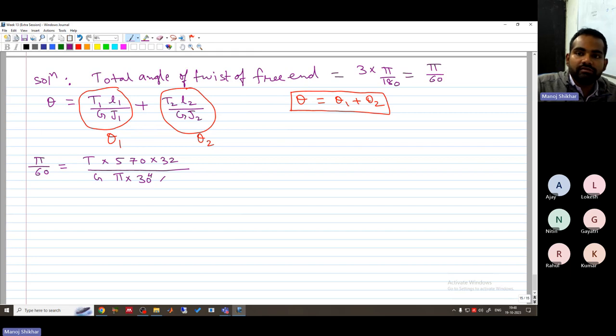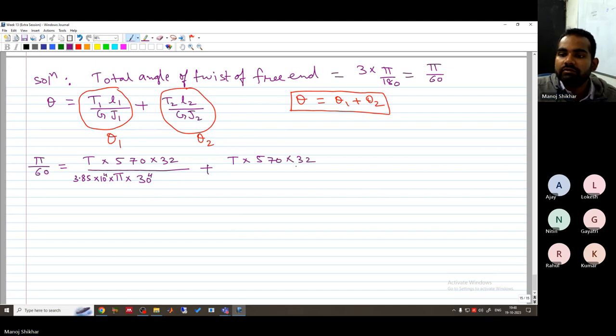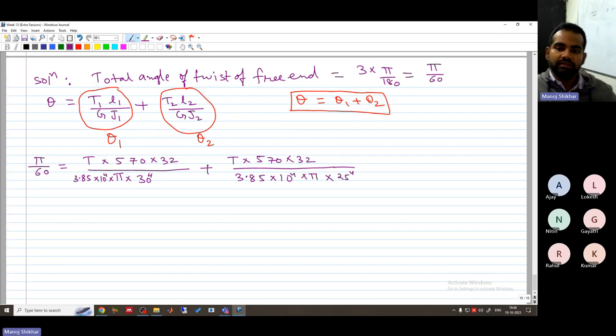The value of G is also given, so let's replace that here by 3.85 into 10 power 4 into this, plus T into 570 into 32 upon 3.85 into 10 power 4 into pi into the diameter here, which will be 25 mm.